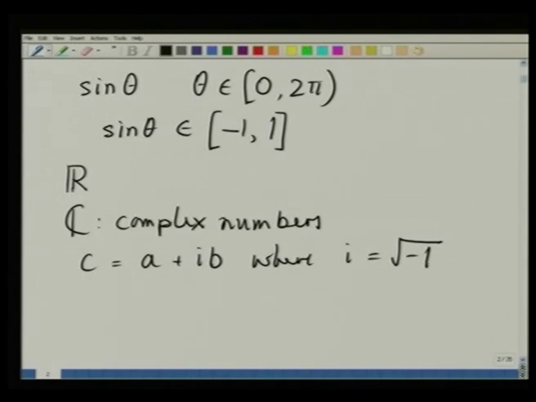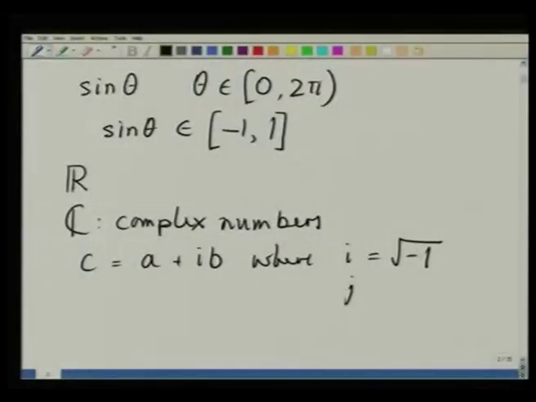Somehow, for historical reasons, in electrical engineering, the letter I has been used for other purposes than representing the square root of -1, and in electrical engineering, instead of I we use J. Square root of -1. So, it is the same thing, the name alone is different. So, we would write C as equal to A plus J B.